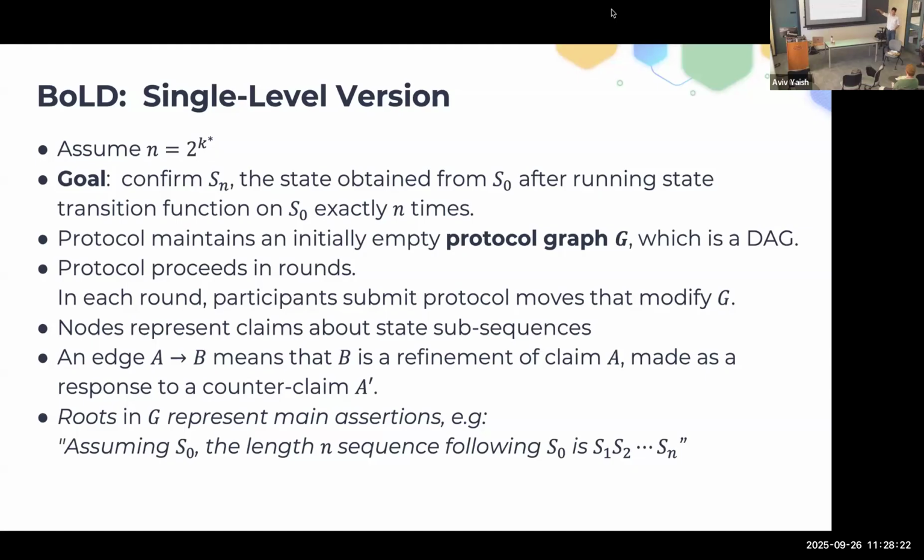A prime is a counterclaim to A. Roots in this graph represent the main assertions. For example, the honest root would be, assuming S0, the length n sequence following S0 is S1, S2, Sn. So this is the honest sequence.